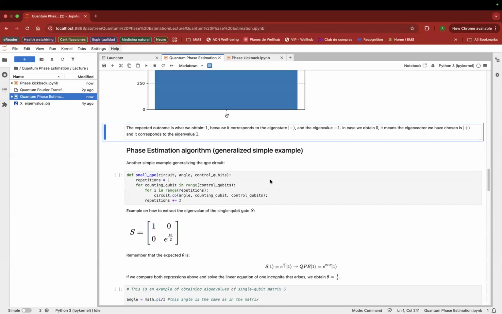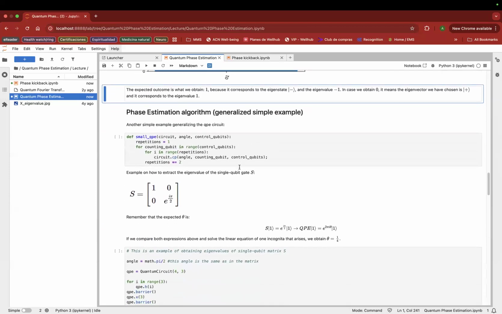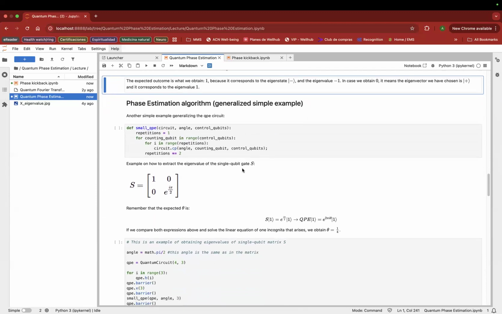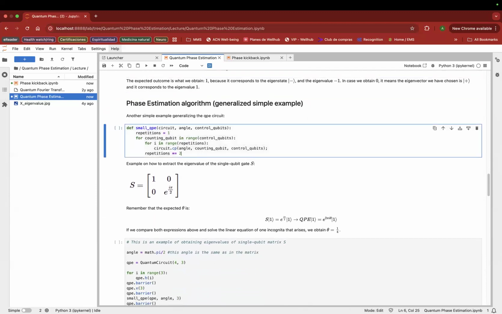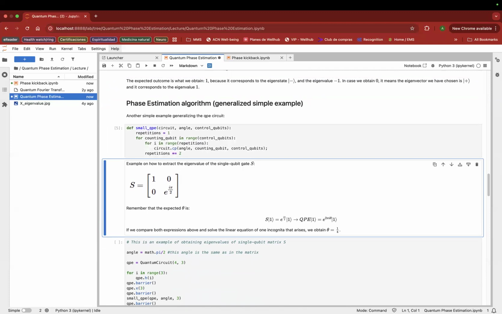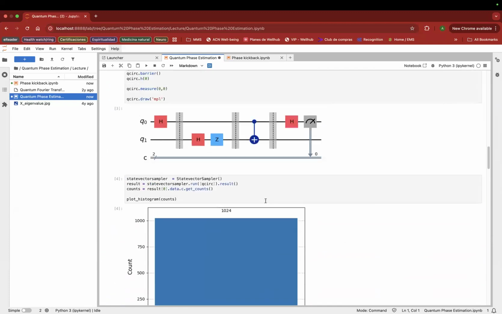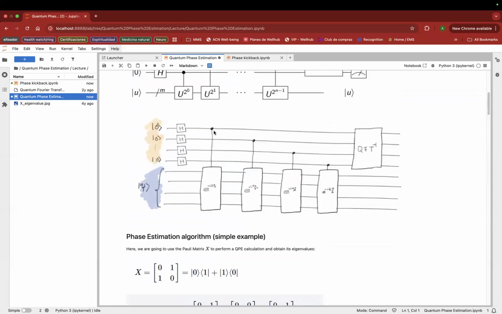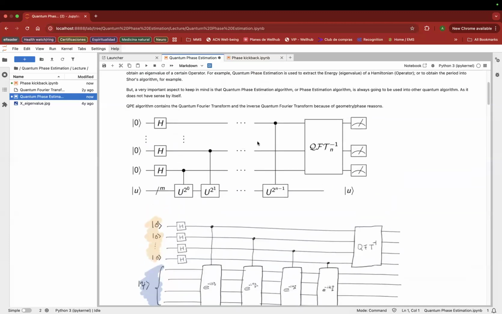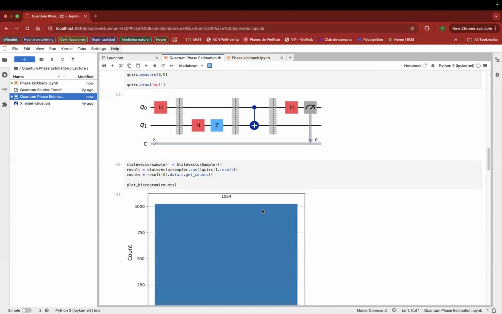But let me show another one that is more generalized and it will really help you. I prepared here the encapsulation of a small QPE, which is all of this, preparing all the controlled operator gates.